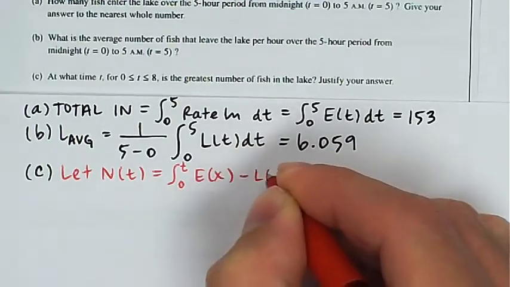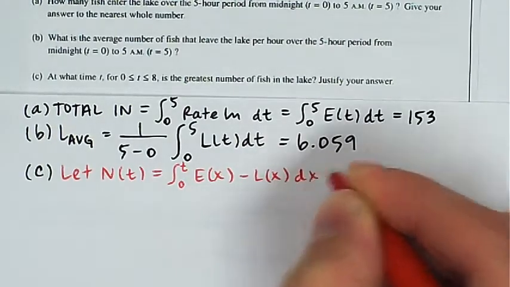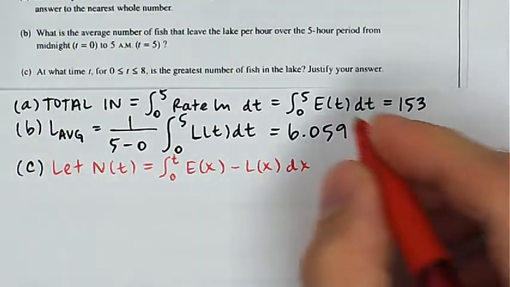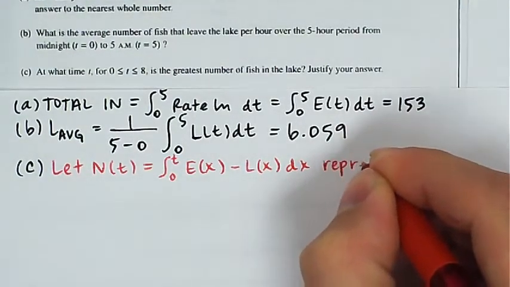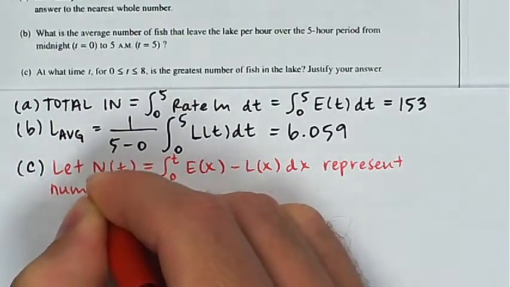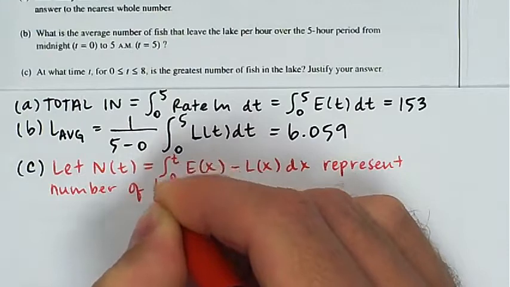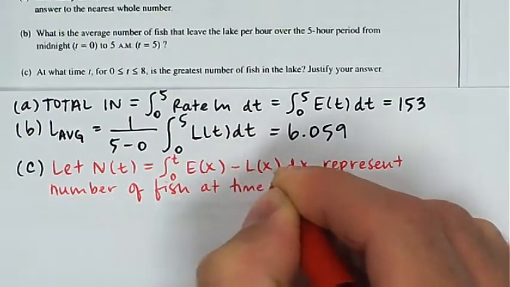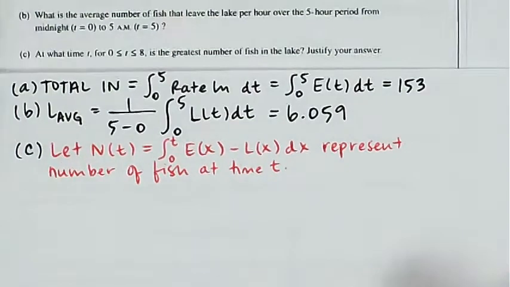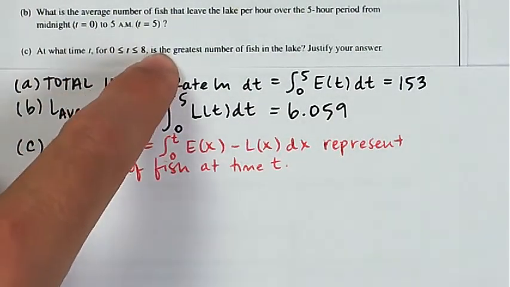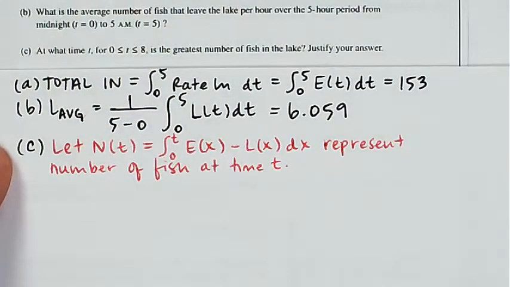So I'm just going to call it x for now. That's fine because t is already committed. This is going to represent number of fish at time t. I am going to need to consider n of 0, n of 8, and n at any critical point of n.